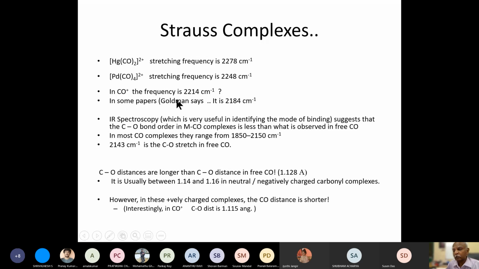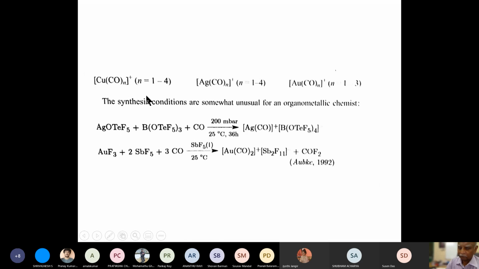The stretching frequency of that species also goes up, which means if you remove an electron from the highest occupied molecular orbital of carbon monoxide, the stretching frequency will go up. That's exactly what has happened in this compound. So please ignore the statement. We will discuss that.